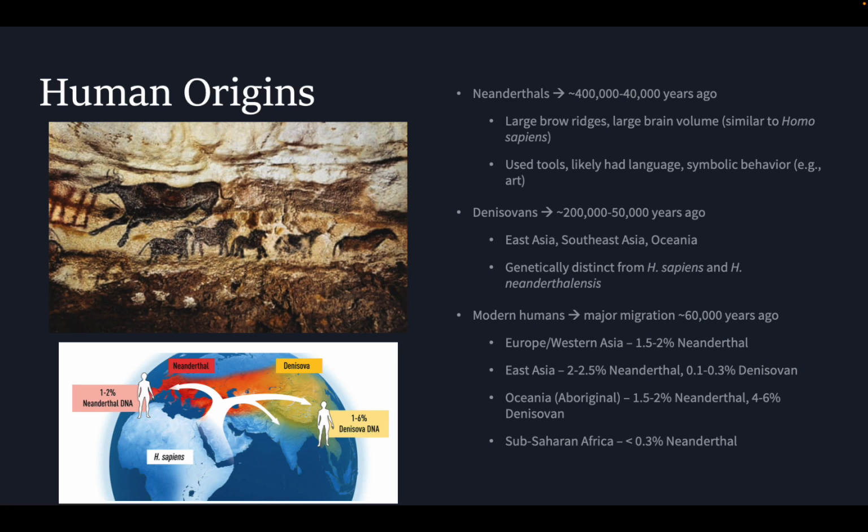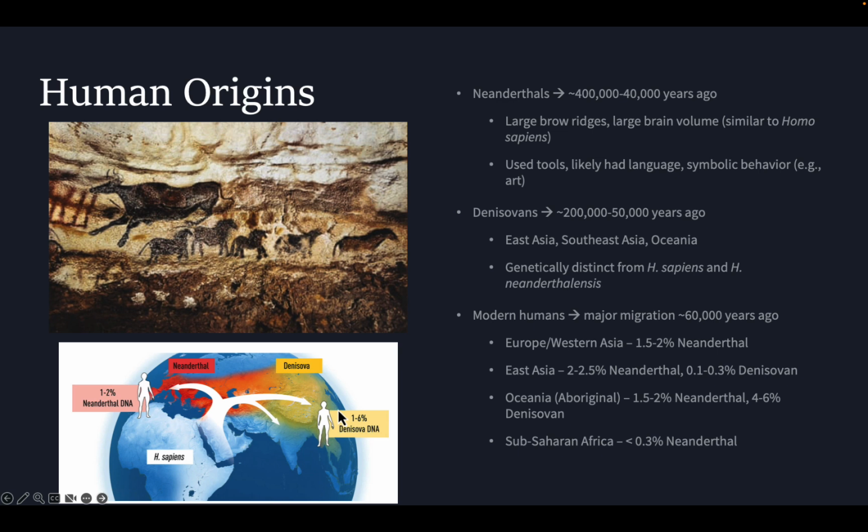So the Aboriginal populations that lived in Oceania, so like Australia, have upwards of 6% Denisovan DNA. And they have less Neanderthal DNA.